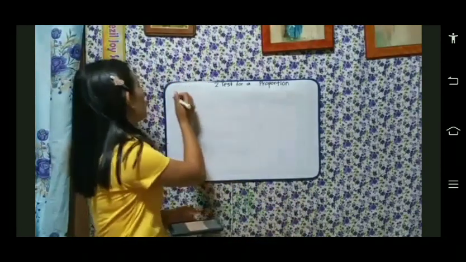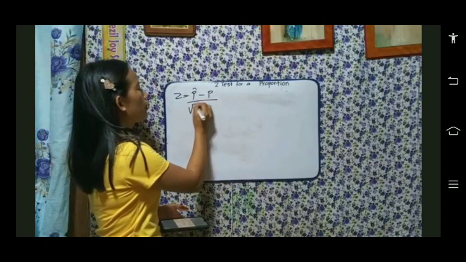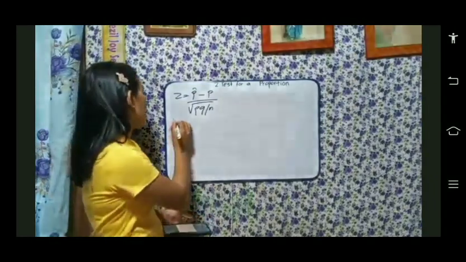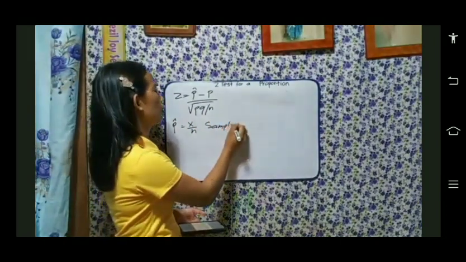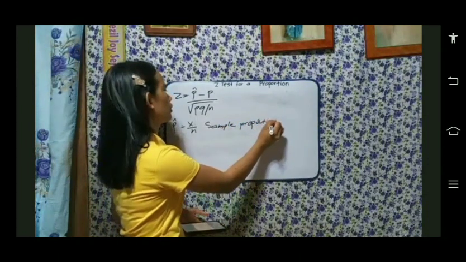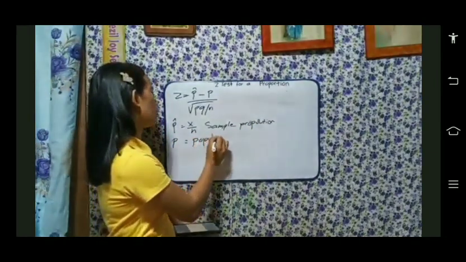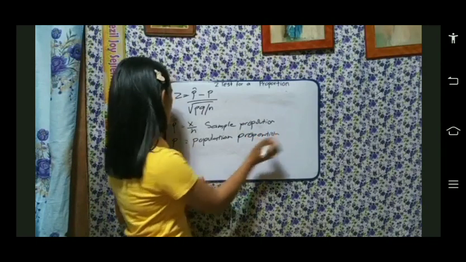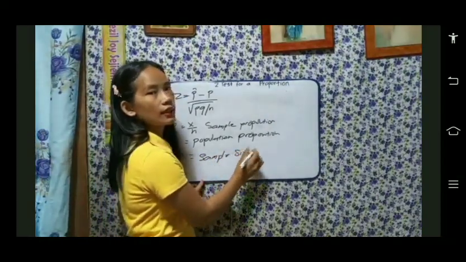So let's move to the formula of the z-test for proportion. z equals p hat minus p over the square root of pq over n, where p hat equals x over n, and this is the sample proportion. p is the population proportion, and n is the sample size.